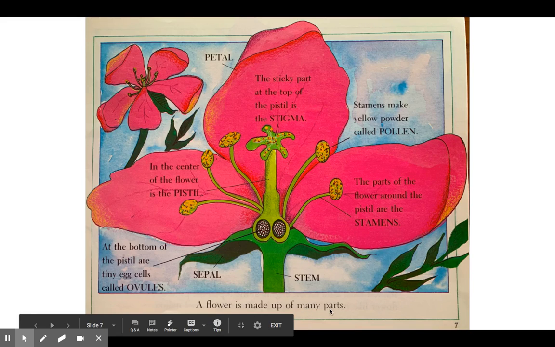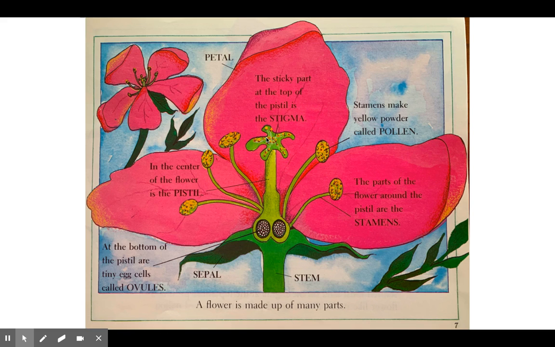A flower is made up of many parts. We have the petal here. The sticky part of the top of the pistil is the stigma. There's the stigma. Stamens make yellow powder called pollen. See the yellow on there? The parts of the flower around the pistil are the stamens.